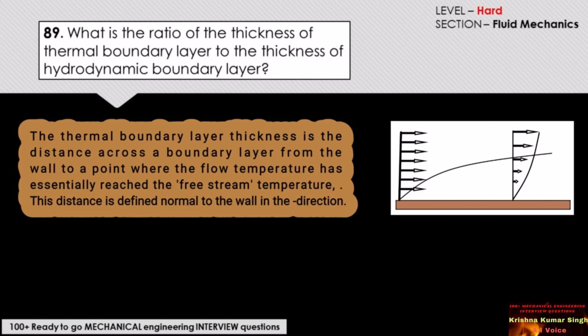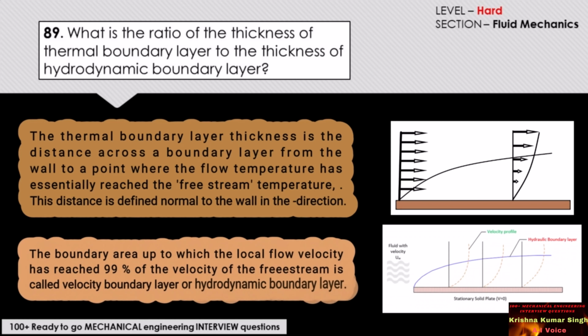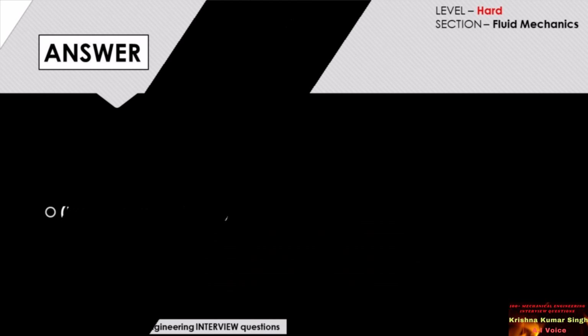This distance is defined normal to the wall. The boundary area up to which the local flow velocity has reached 99% of the velocity of the free stream is what is called a velocity boundary layer or a hydrodynamic boundary layer.